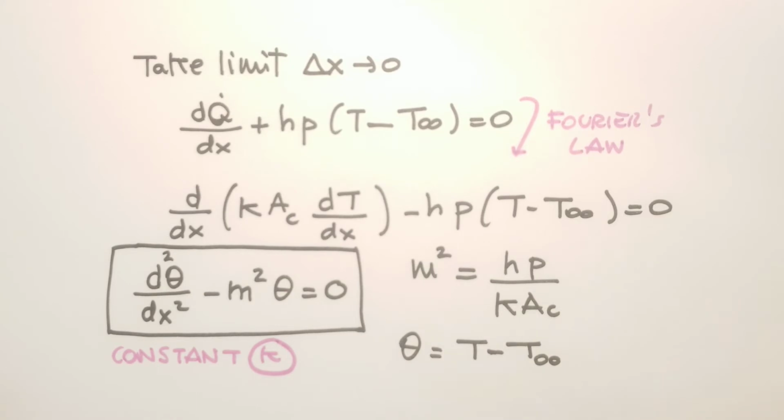So we have this expression, which can be simplified because in the case of constant thermal conductivity and also constant cross-sectional area, the equation can be written in this compact form, where we have defined m squared as hP divided by k A_c, and theta here is a new variable, T minus T infinity. You can try as an exercise to go from this equation to this simplified equation.